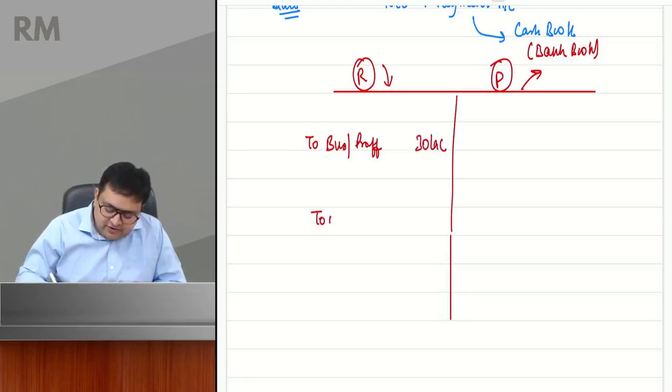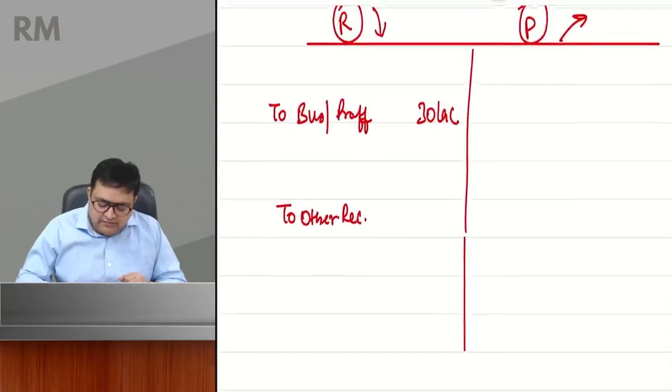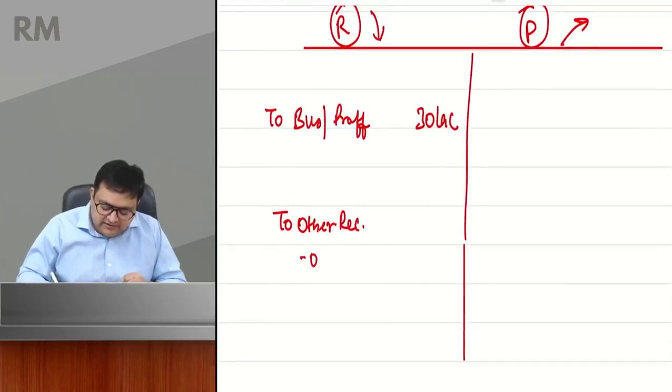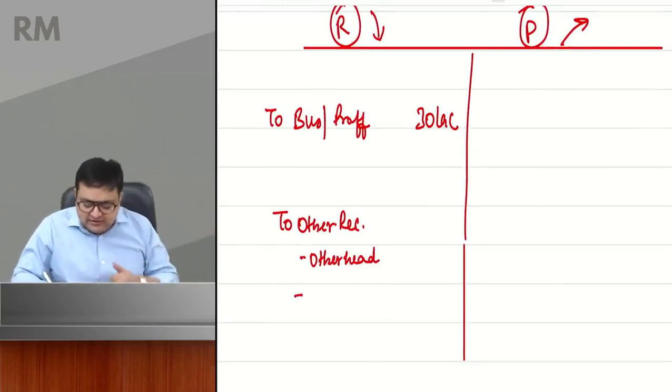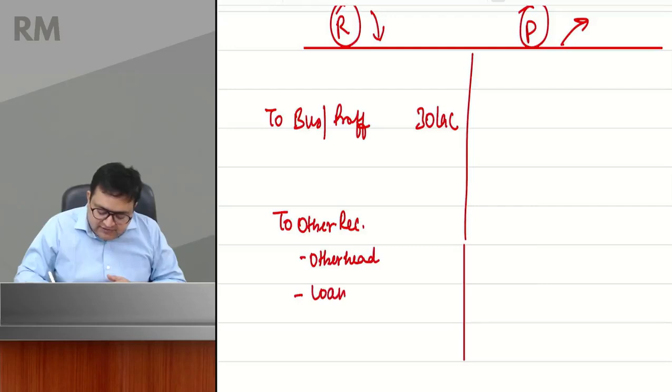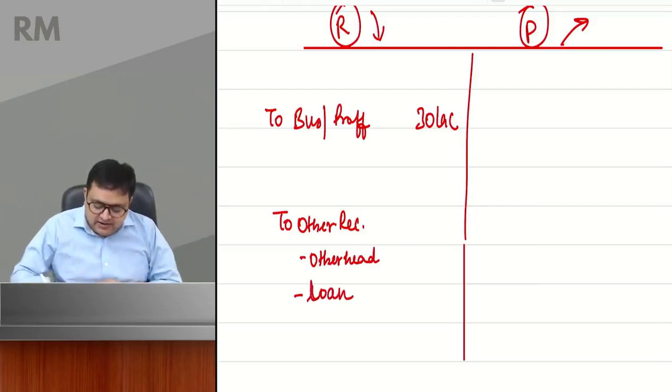And you have received other receipts also, which are not your business income. They might be income under other heads, or some kind of loan, etc. It might happen that you have received a loan, and a loan is not your income. Either it is other head income, or it's a loan, or it might be your exempt income also.